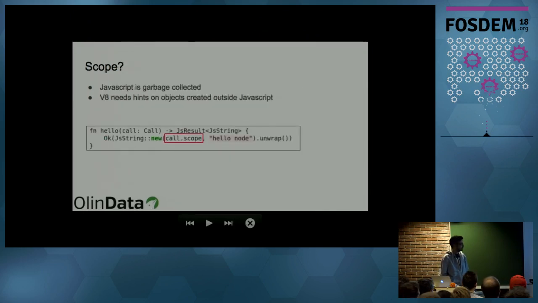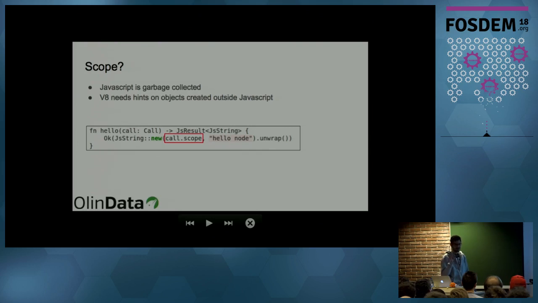So you saw this call.scope, and you're probably wondering what is that. Why do you have to pass it around? So JavaScript is a garbage collected language, and V8 wants to know where this object belongs to and which function it belongs to.